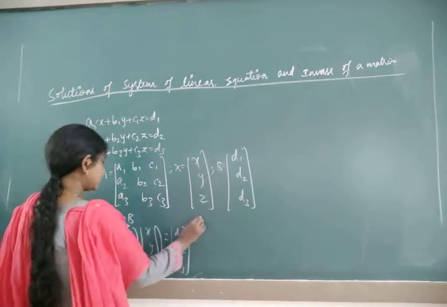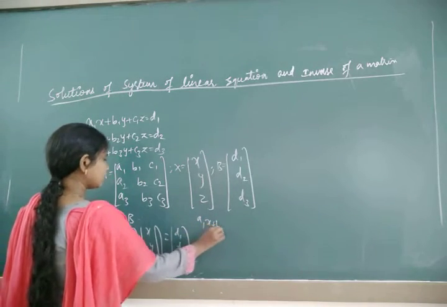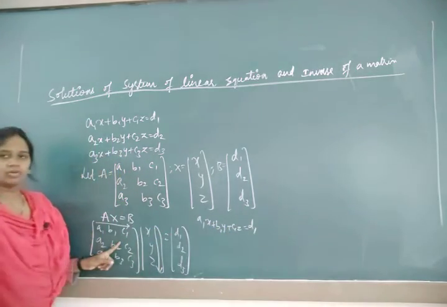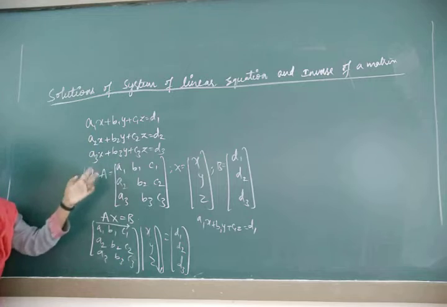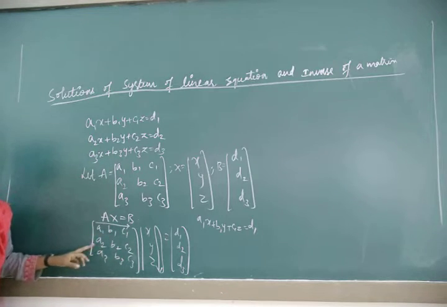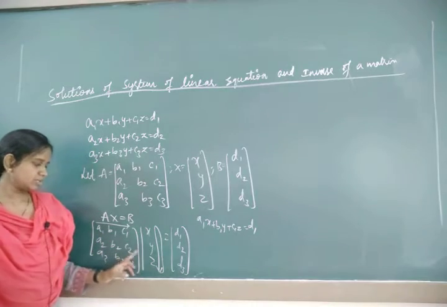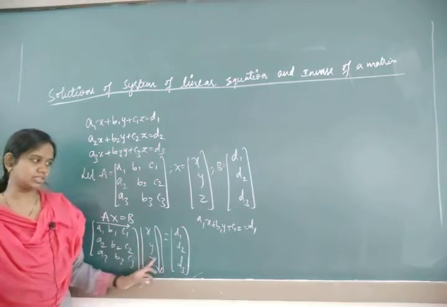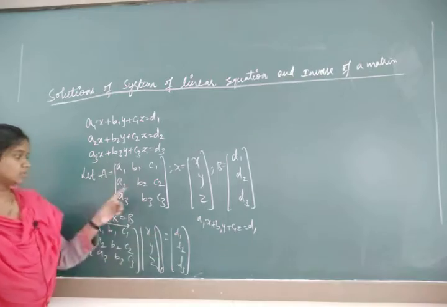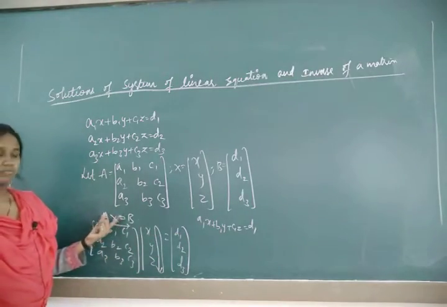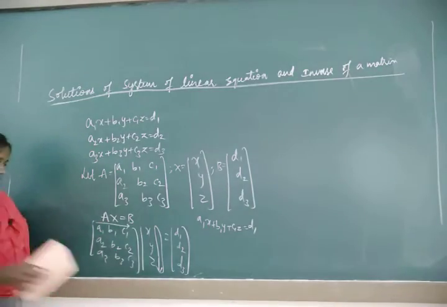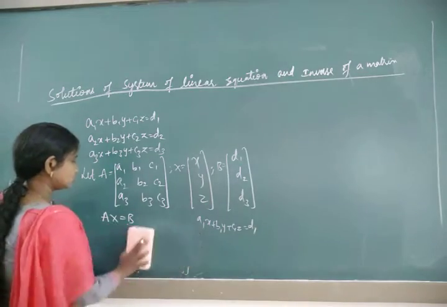You are going to get a1x plus b1y plus c1z is equal to d1. I will show only one row, one column. The remaining two equations will be the same: a2x plus b2y plus c2z is equal to d2, a3x plus b3y plus c3z is equal to d3. This means by writing this, we get back the system of linear equations. It's a verification I have shown.